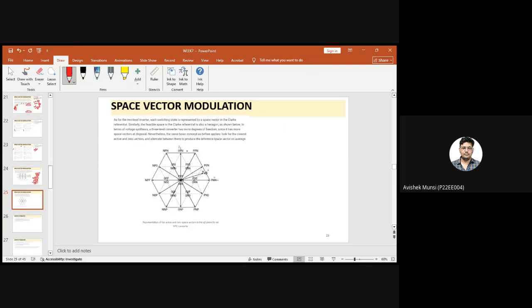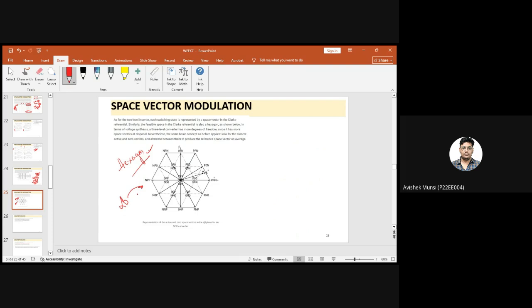So this is my representation in the alpha beta plane. We generally draw this vector like this. This is a hexagon. Okay.